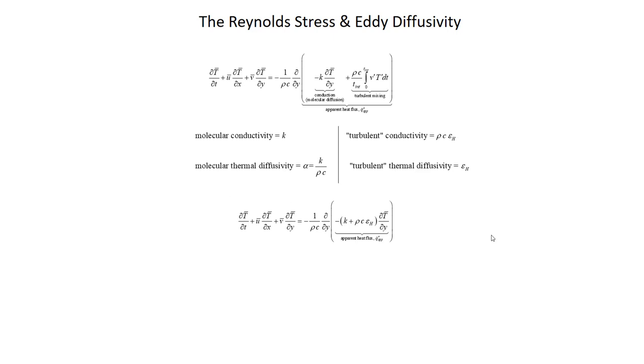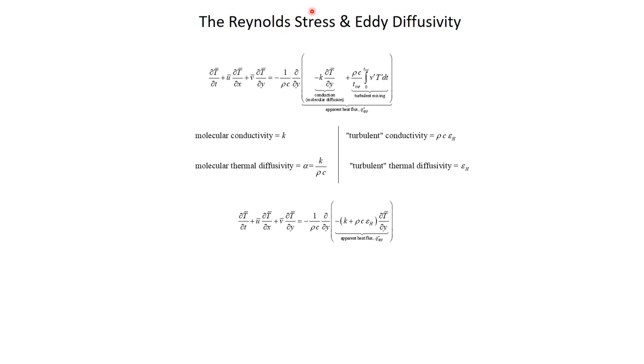So we can go through again what the analogs are here between the turbulent and the molecular quantities, right? So we have molecular conductivity. Over here we have a turbulent conductivity, which is rho times C times epsilon sub h. This has units of watts per meter Kelvin. This is a state variable, right? If I know the state of the fluid, I know its temperature and pressure, I can go look up what the molecular conductivity is.